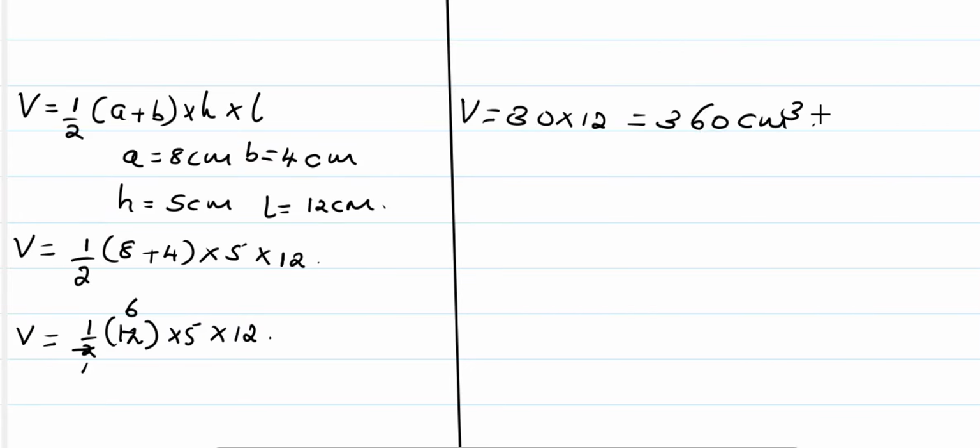That becomes the volume of that prism. If you don't know why we are putting it as centimeters cubed, you can review our lesson 2 or 3. You'll understand why we use cubed in the units of volume.